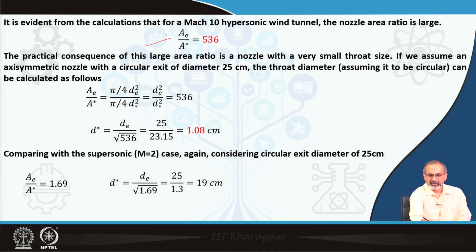So, starting from the AE by A star ratio of 536, as I said a minute back, let us try to do some simple calculations to get an idea of the typical length scale of the nozzle.